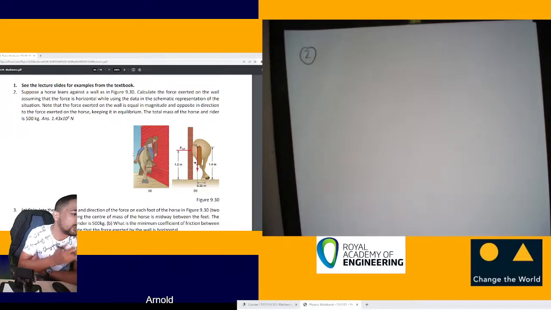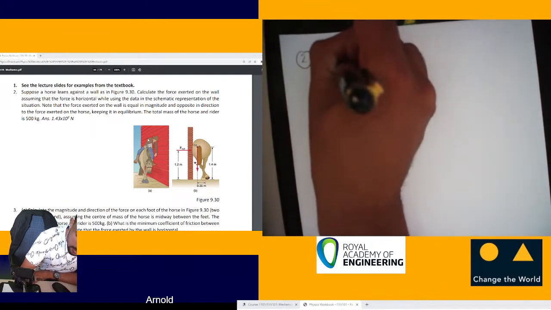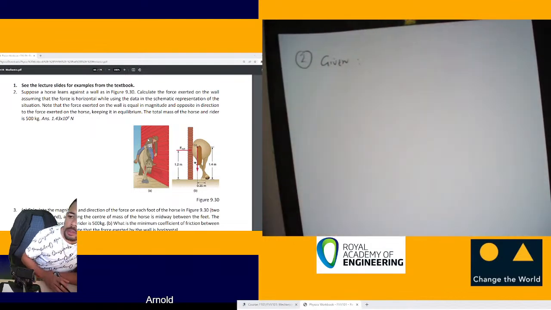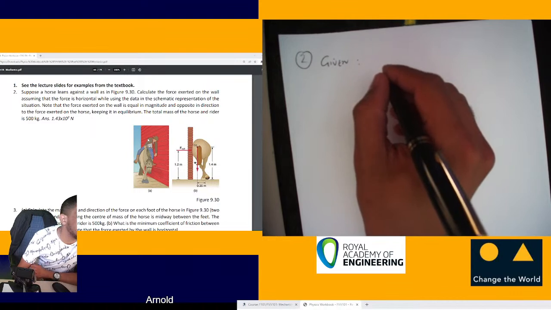Now the torque on a rotating object depends on the force and the perpendicular distance from the force. What is it that we're given?